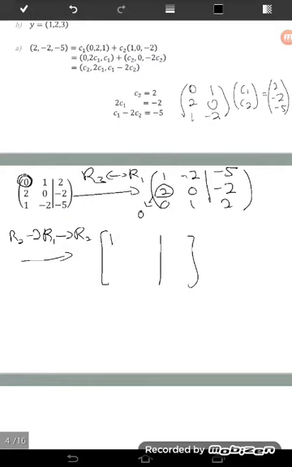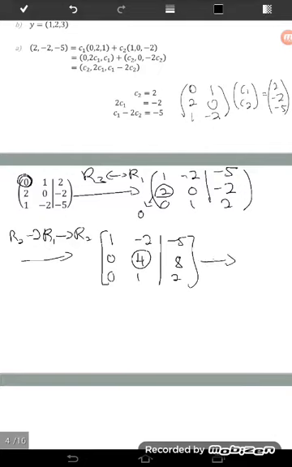So we have here 1, negative 2, negative 5, and here 2 minus 2 times 1, 0, and 0 minus 2 times negative 2, which is 4, and negative 2 minus 2 times negative 5, so negative 2 plus 10, which is 8, and here 0, 1, 2, and then make this one a leading 1.